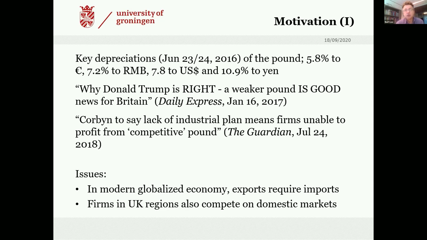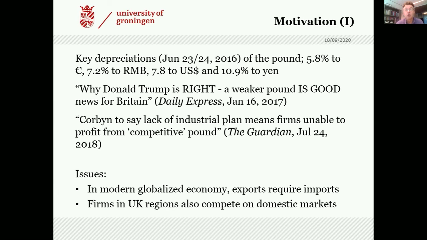And this led to discussions about potential positive consequences for the competitiveness of the United Kingdom. So in the Daily Express of January 2017, Donald Trump was quoted, and he indicated that this would have seriously positive effects on the UK economy.